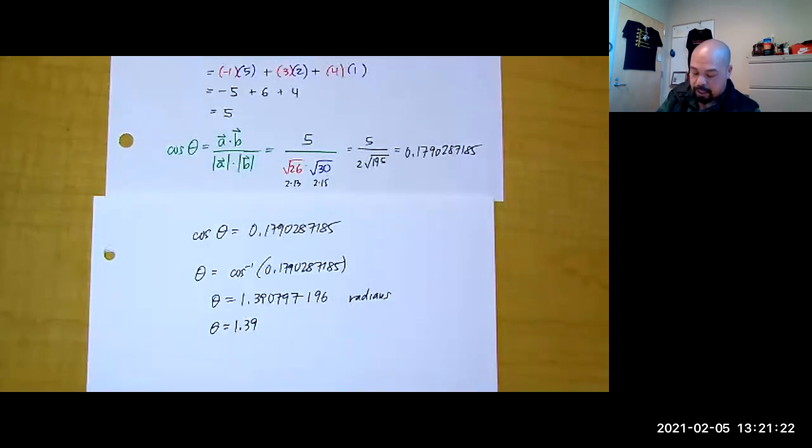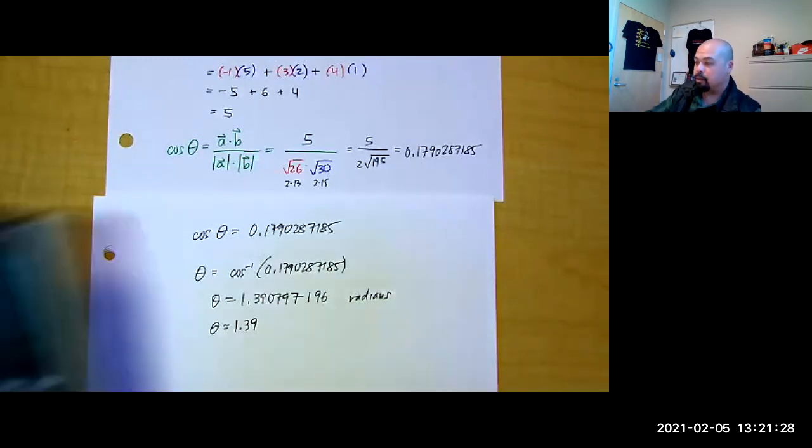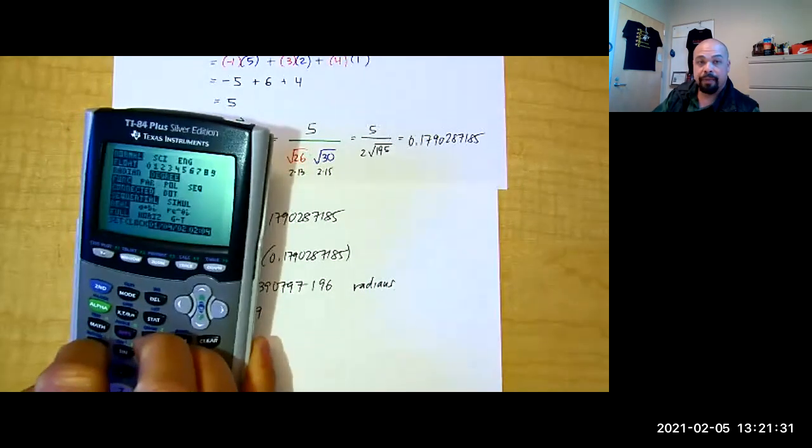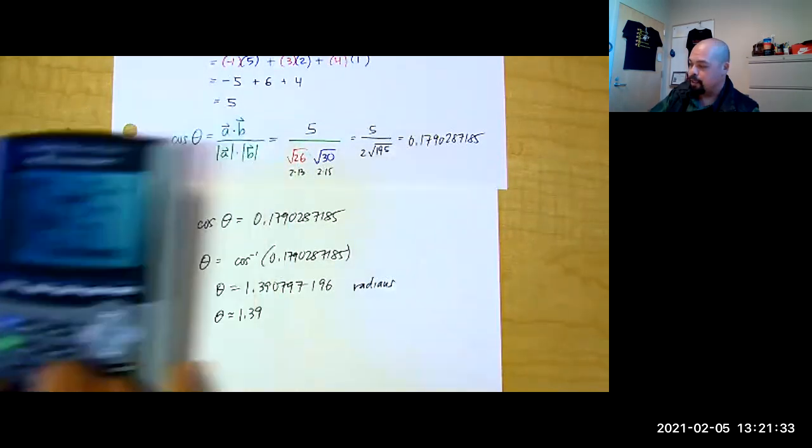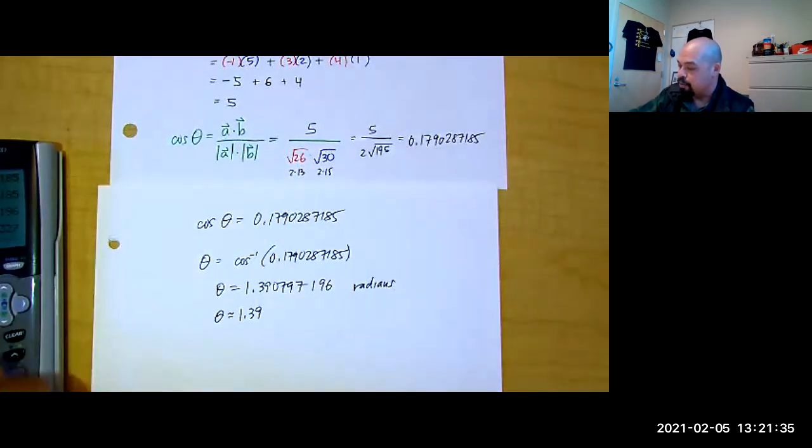So let's see what that's going to be in terms of degrees. Okay, so if I change my calculator to degrees, and you can see I'm just doing this on a TI-84, changing my measurement to degrees. If I do the inverse cosine of 0.1790287185, hopefully I typed that in right.